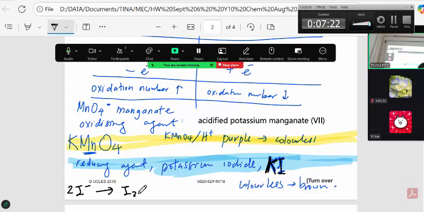Iodide gives electron. Okay, can I understand?